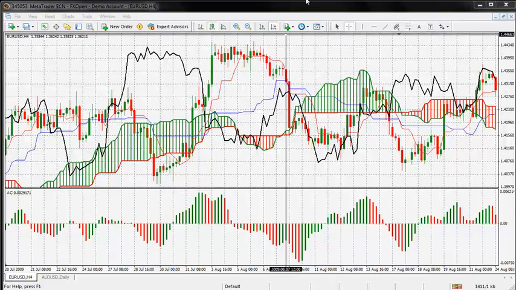So for instance, if this bar here where I've got my pen drawn, if it was breaking, let's say it came down and it broke there, that's fine. But if it didn't break there and it just came down towards the edge of that cloud, but the next bar it did, then I might consider this bar as a point to get in.